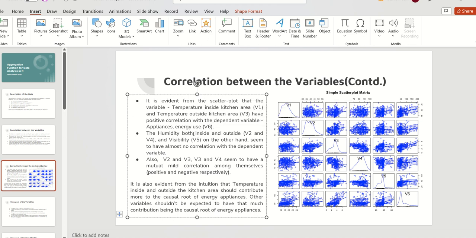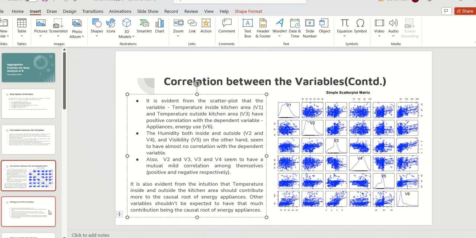The humidity both inside and outside, that is V2 and V4, and visibility V5, on the other hand, seem to have no correlation with the dependent variable, and also V2 and V3. On the other hand, V3 and V4 seem to have mutual mild correlation, which can be seen in the scatter plot.